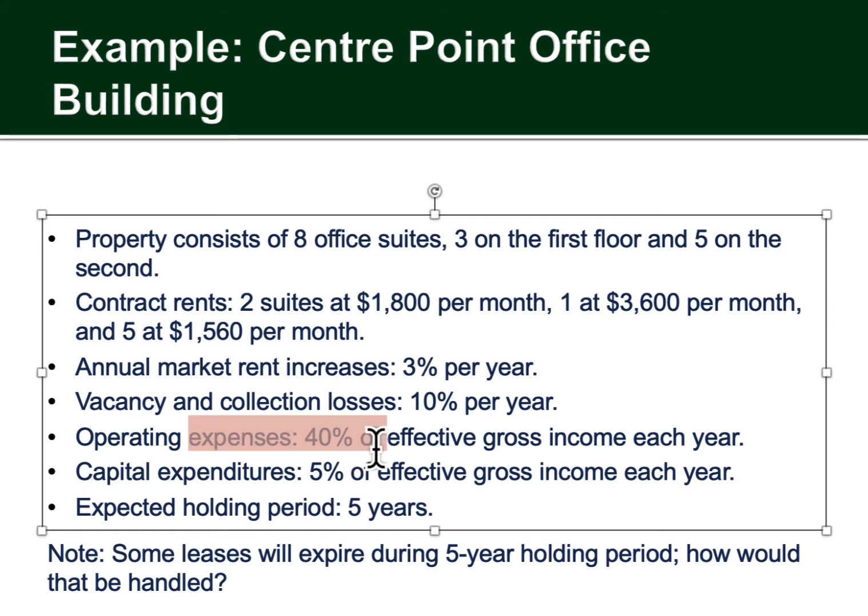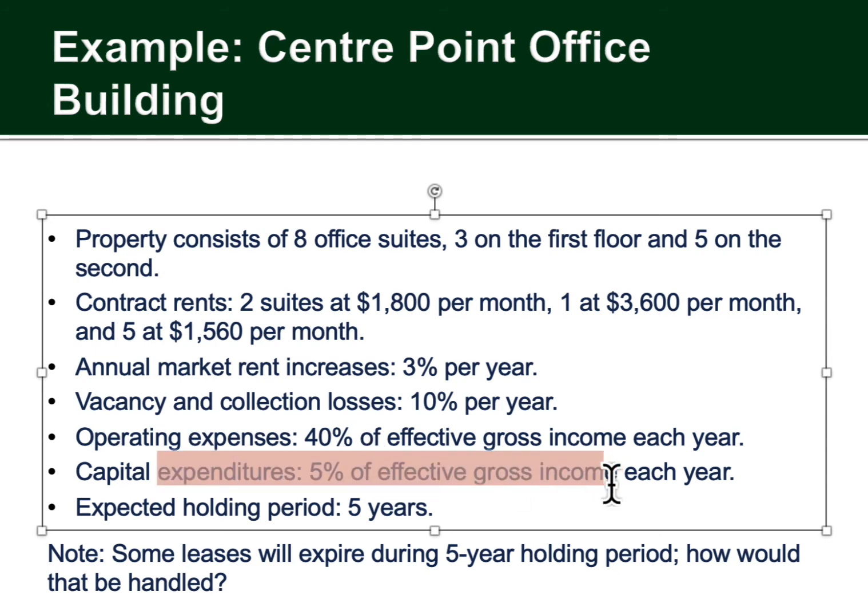And operating expenses, typically 40% of effective gross income. And remember that effective gross income is out of potential gross income. Our full income as if fully rented, less this 10% deduction for expected vacancy. Capital expenditures, they're small, 5% of effective gross income each year.